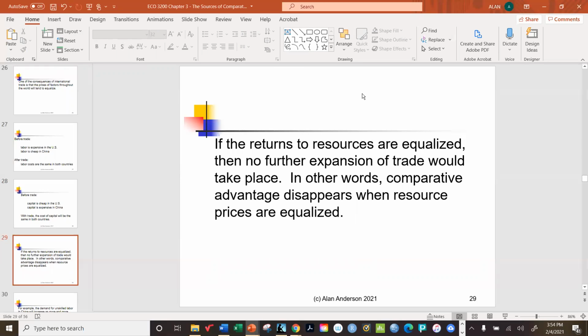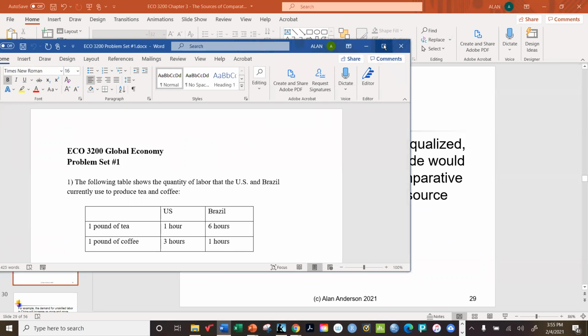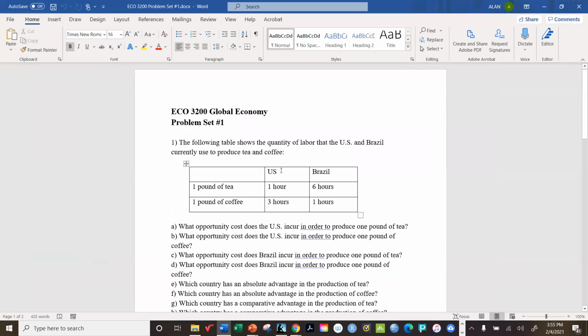Okay, there's other theories that we'll be looking at as well, which will explain things like what happens, for example, to the domestic workers, to foreign workers, and what happens to employment. But right now, since you have this project to work on, remember, you're supposed to work on this global economy problem set.